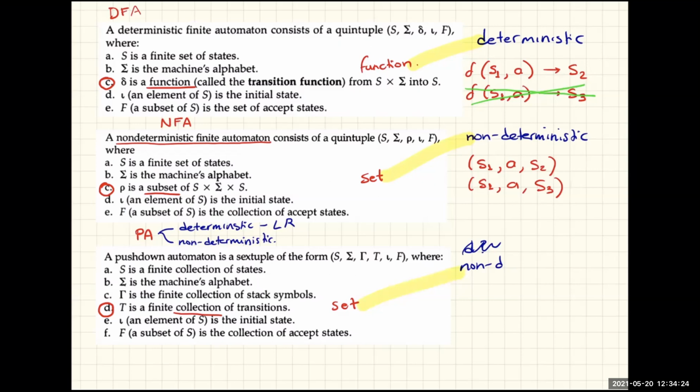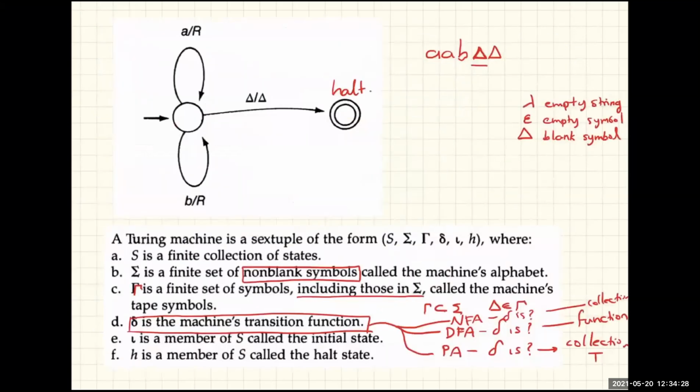And now the golden question is, are Turing machines deterministic or non-deterministic? I think they are deterministic because it's a function, it's a transition. Right. Function. Yes, exactly. That's what I wanted you to find, that Turing machines, because of this definition, are deterministic machines.